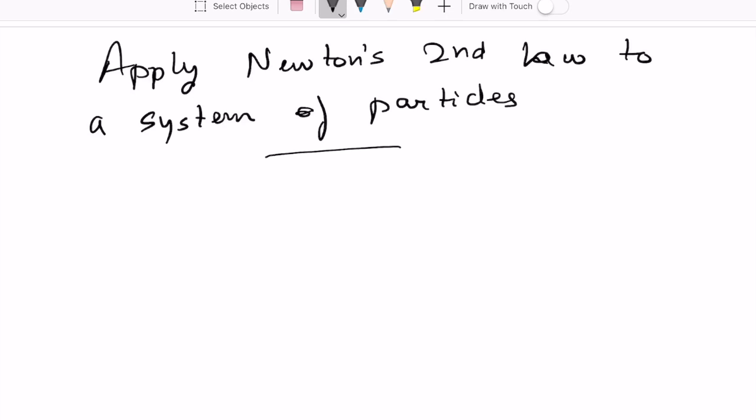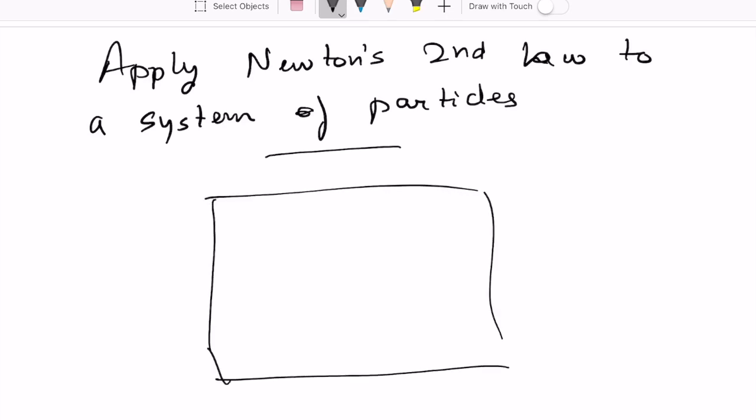Let's take the simplest system of particles in the world. A system of particles just means a large collection of particles which might or might not be exerting forces on each other. Let's take a very, very simple system which consists of just two particles.